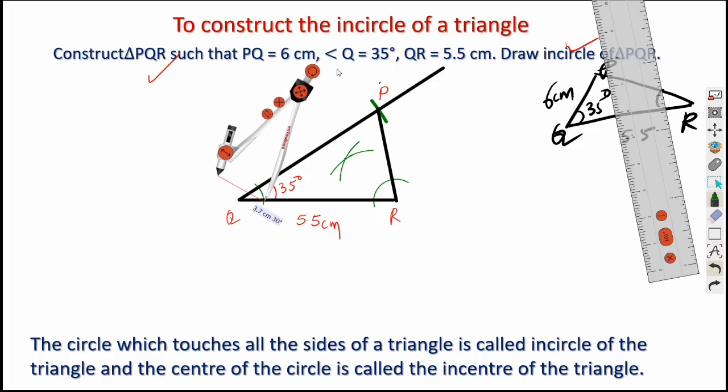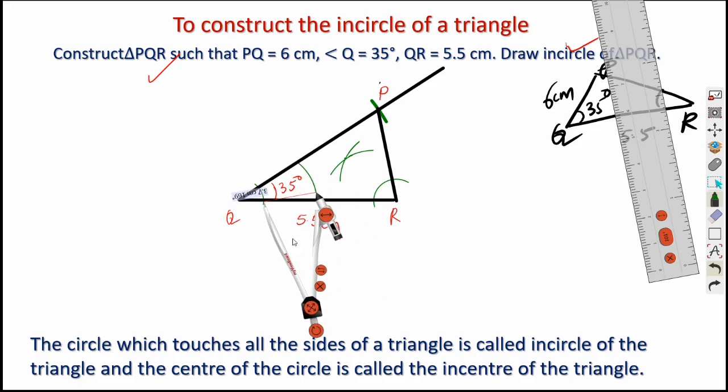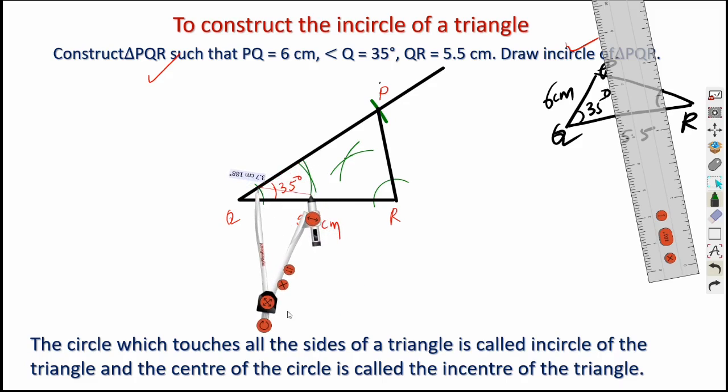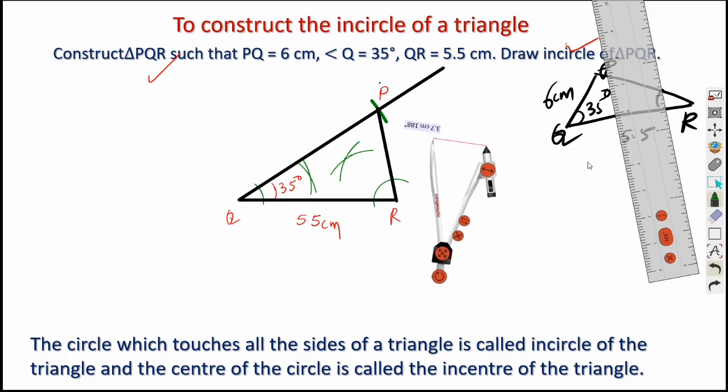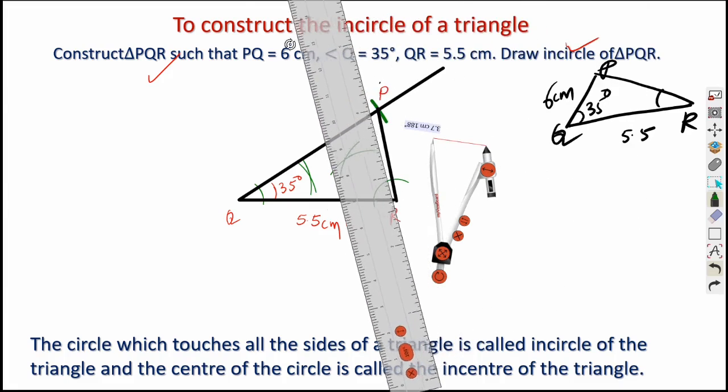Change the length, already I have changed. Draw an arc here. Now the next work is to draw the bisectors from each vertex.